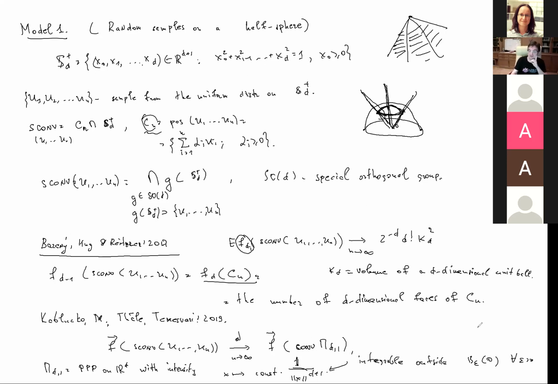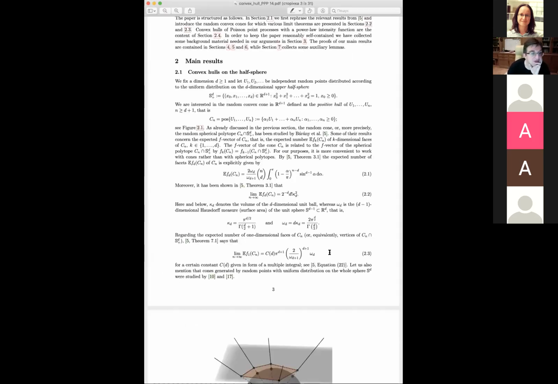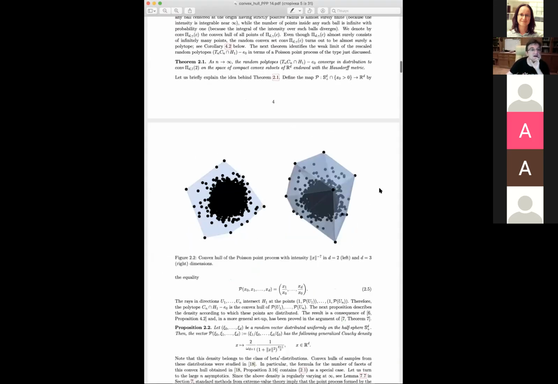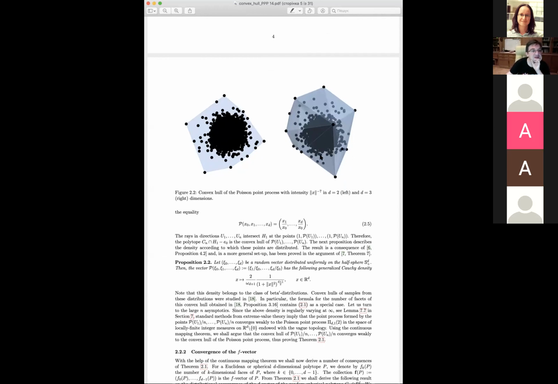What does this mean? Probably it's better if I show you a picture from the paper. Okay, can you see these two pictures? Yes. Okay, so these are simulations of this Poisson point process with intensity of the form I have written, in dimension 2 and dimension 3.